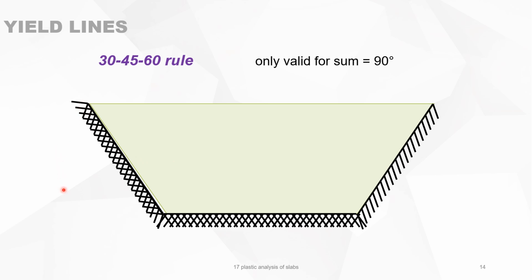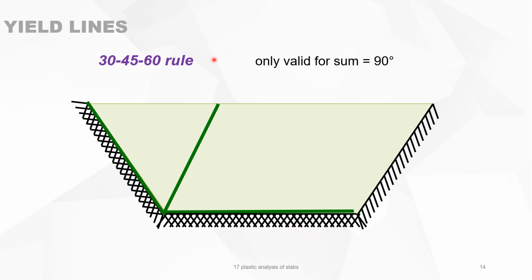Now, this rule is only valid if the sum of all angles in the same corner equals 90 degrees. For instance, let's take a balcony, and this balcony is clamped on two sides and simply supported on this side, then the yield lines will be here for the hogging bending moment. There is one yield line here, one yield line there, and then because of symmetry, we can take the bisector, no problem at this moment, because it's a symmetric situation.